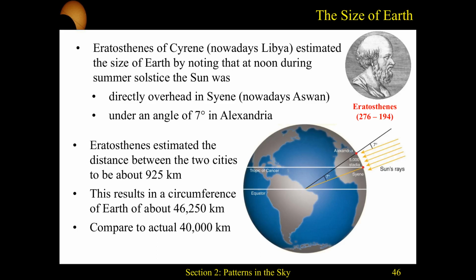And with that estimate, he was able to calculate the circumference of the Earth. And he calculated the Earth had to be 46,250 kilometers in its circumference, which, if we compare it to our actual values, is closer to 40,000 kilometers. Not too bad for a person just asking people on the streets, how many steps did you take?